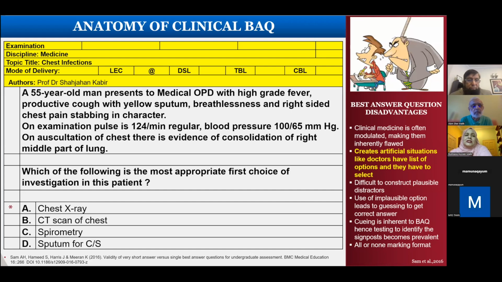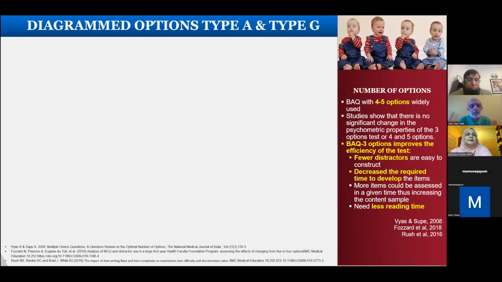All these investigations are done in the condition mentioned in the question, but the most appropriate first choice has to be identified. Again, stem, lead-in, and the key and the distractors.